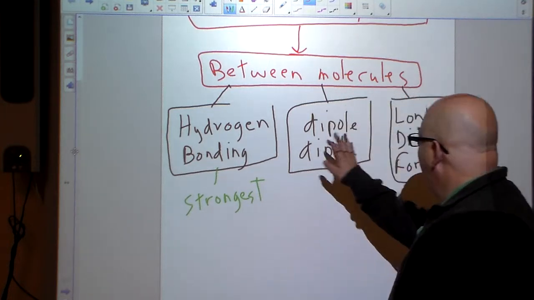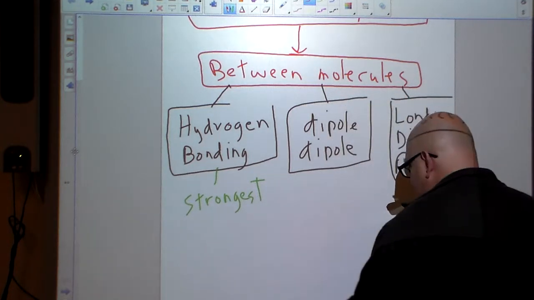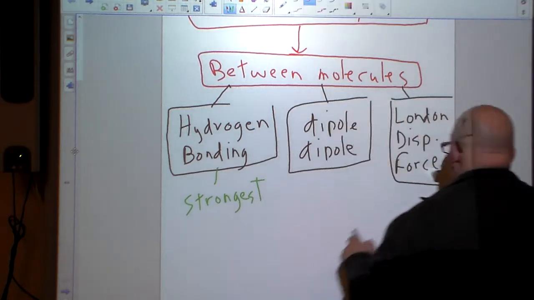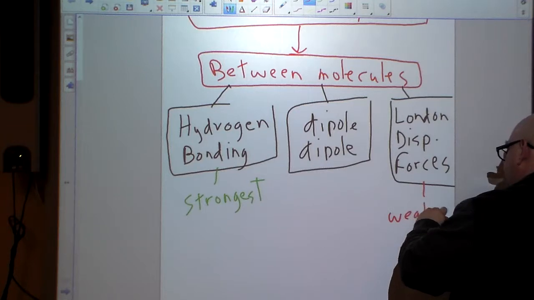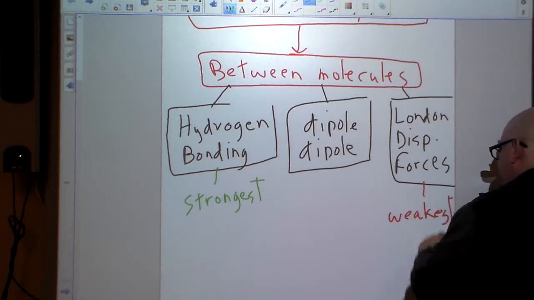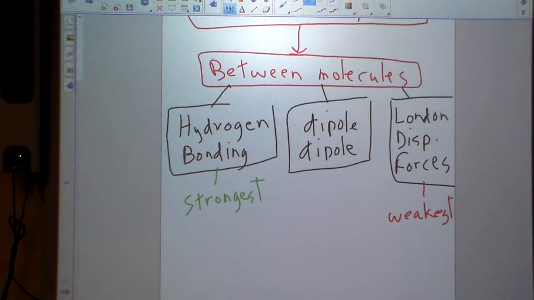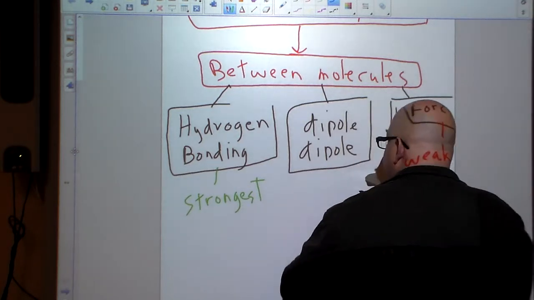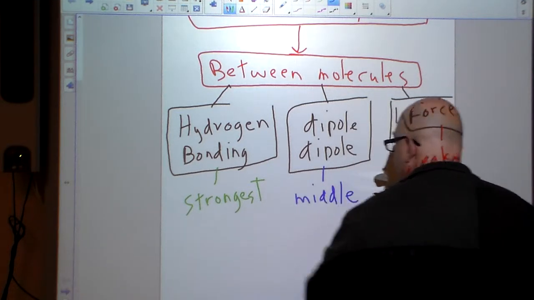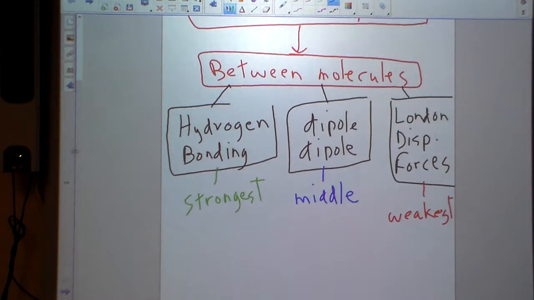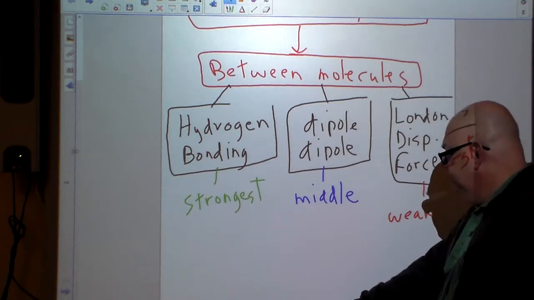And then here we have dipole-dipole. They're in the middle of the pack. The London dispersion forces are the weakest, which makes dipole-dipole in the middle. So that's what's going on.